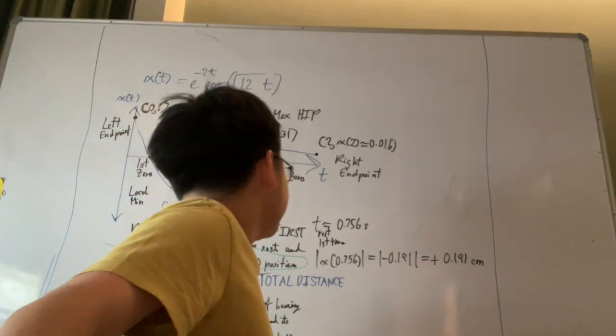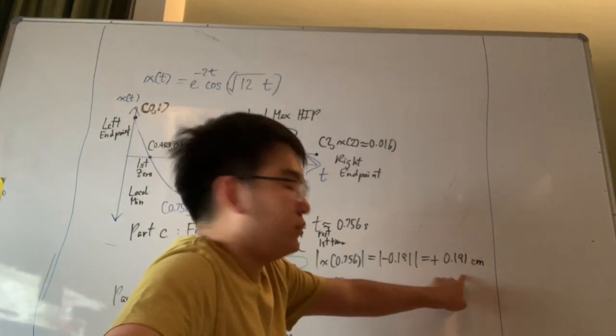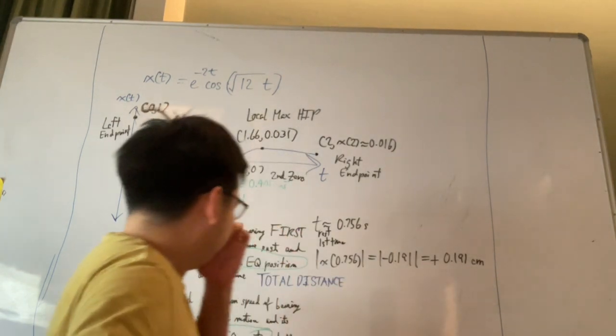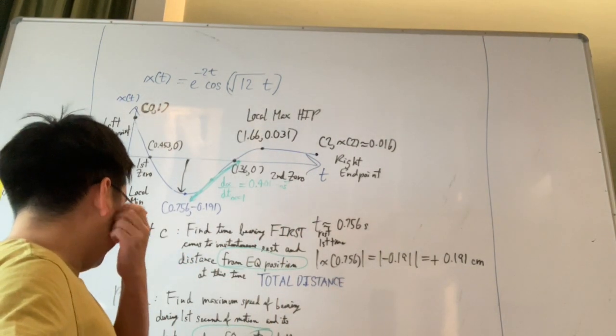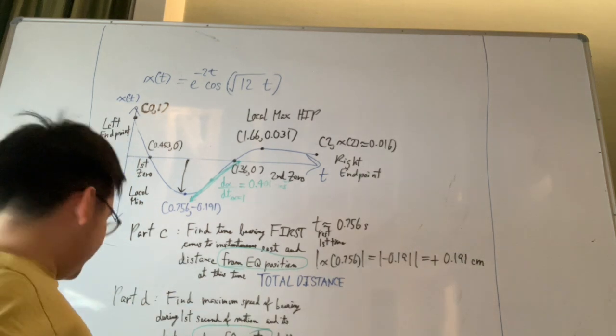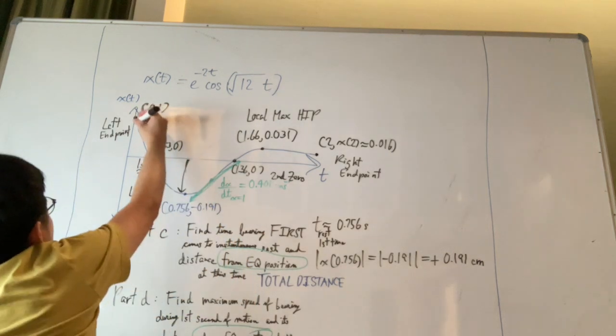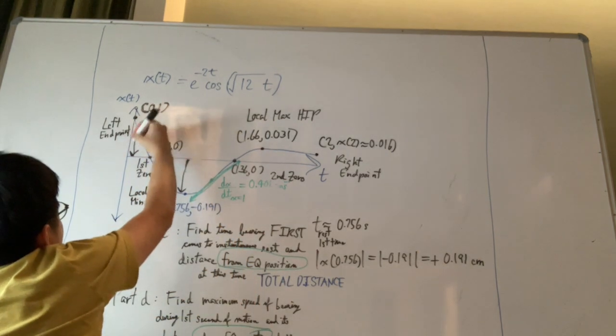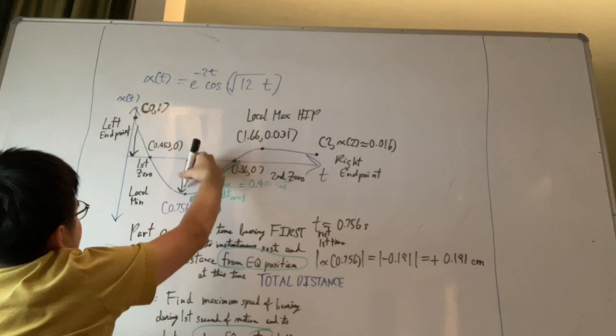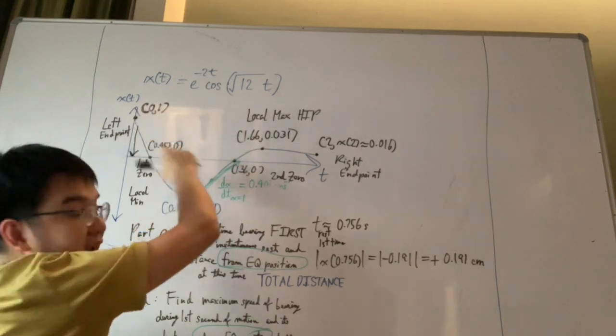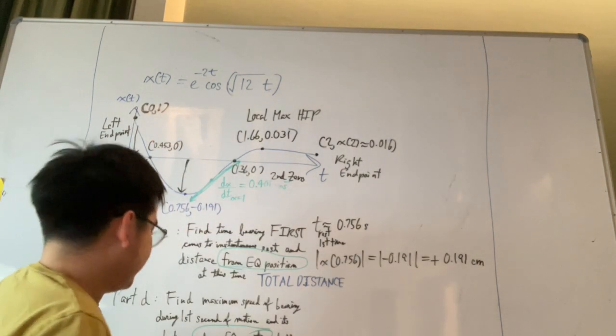Now, I think if it's distance to the equilibrium position, then this 0.191 centimeters is fine. But if they want total distance, I need to have the travel. I need this distance here as well as this distance over here, and then add those up together piecewise.